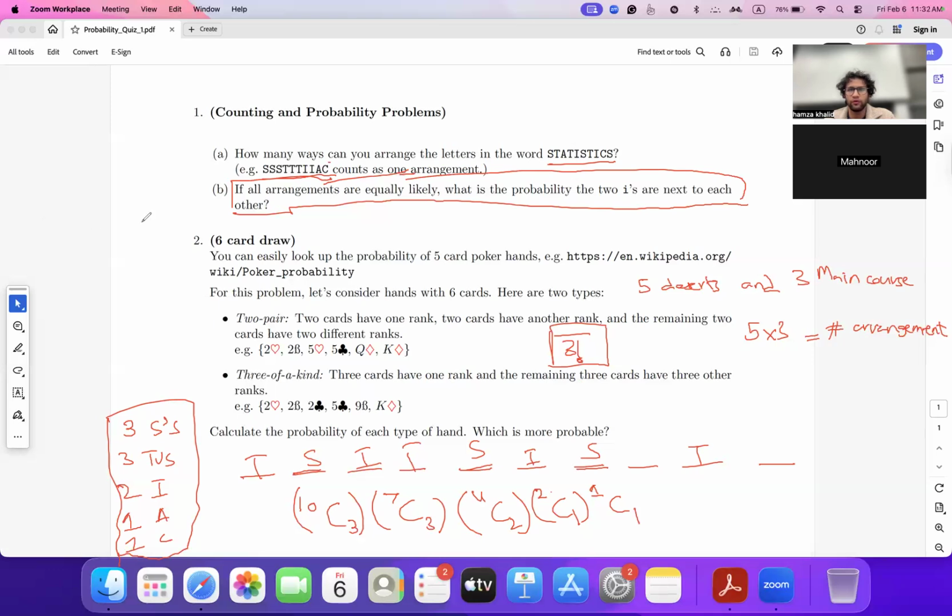Well, first of all, what do we need? We want to calculate the probability that the two I's are next to each other. So for that, we need the denominator to have two I's, right? Only then would we be able to place them together. So what are the number of ways you can put two I's in these 10 positions?